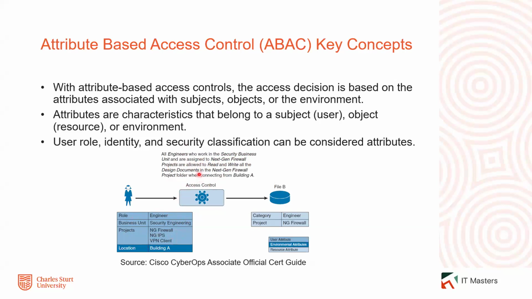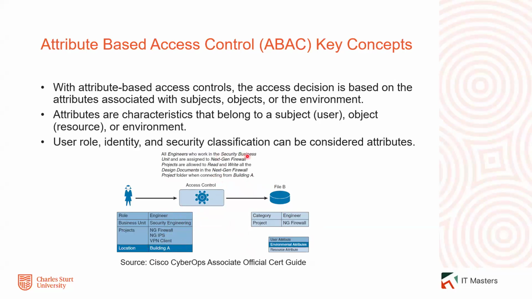They tick that box. They're allowed to read and write all the design documents. Okay, so that then are attributes elsewhere, not of the user in particular, but only when they're connecting from building A. So this particular user is in building A, and they tick the box for the projects, they tick the box for the engineer, but they actually don't tick the box from this here, from the business unit.